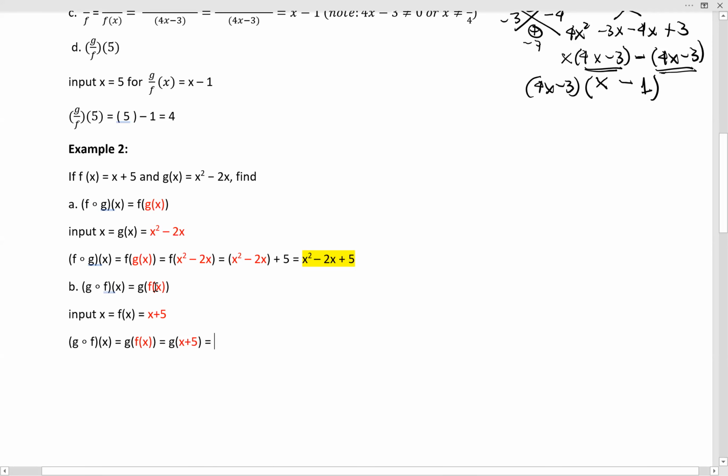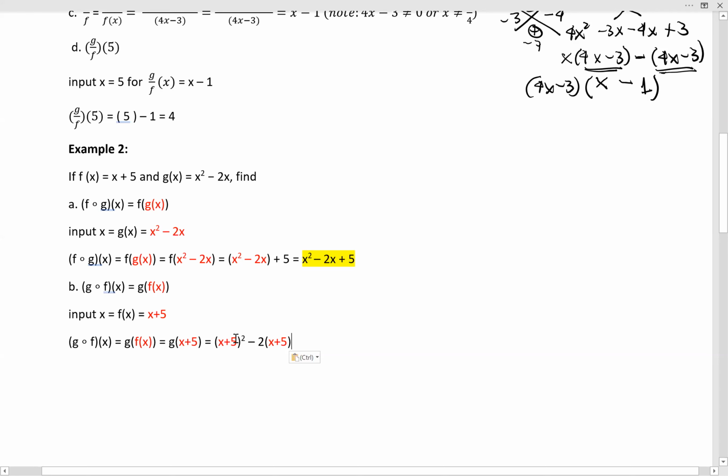Easily, we just find g of x: x squared minus 2x. But now you have to change. This x squared becomes something squared, and minus 2 of x becomes minus 2 of something. What is that thing? That is the input. You put all the input in those blank parentheses.